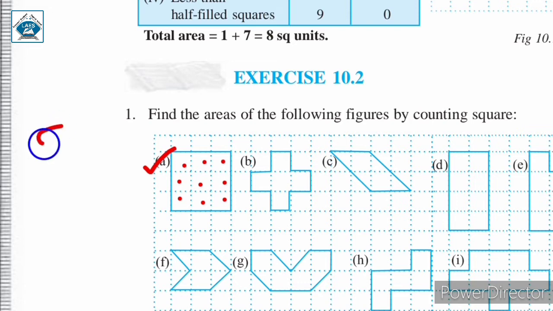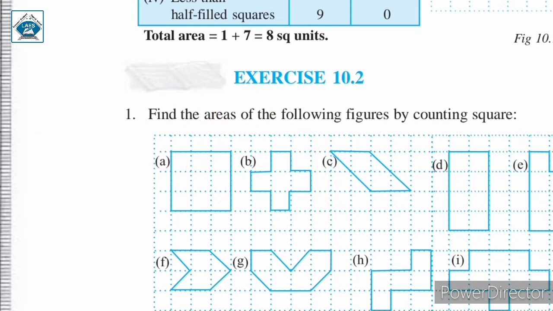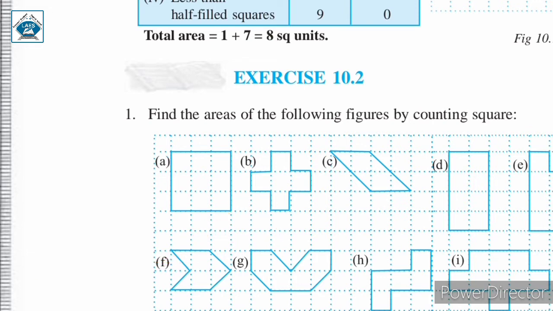अगर 8 complete squares को वो cover करता, occupy करता, then the area would have been 8 square units. On the other hand, since it is 9, the area of this first figure is 9 square units because it occupies complete 9 squares. Next, in the B part, we are given a figure.